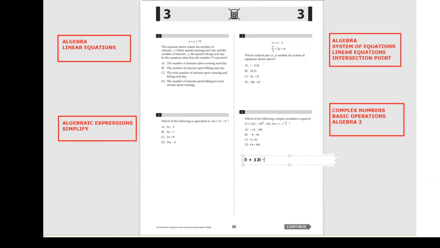for i equals square root of -1? Okay, so how do we group like terms here when we have complex numbers, given that i equals the square root of -1, but more importantly, that i squared, or i times i, equals -1.